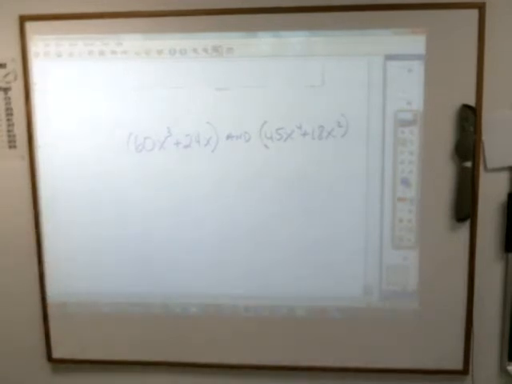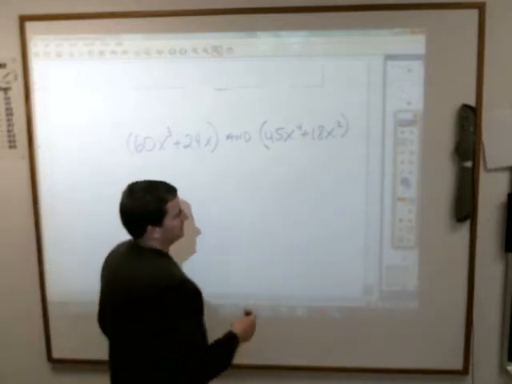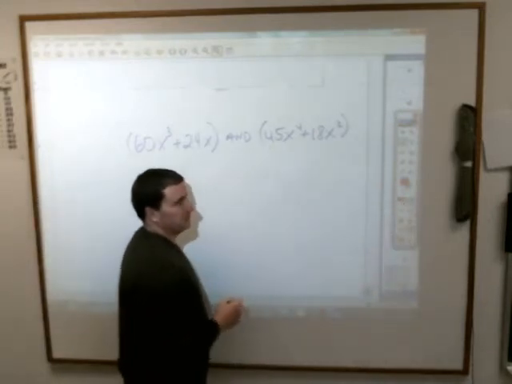What would be the greatest common factor? Or the least common multiple, sorry. Let's go least common multiple. We're not doing the greatest common factor.